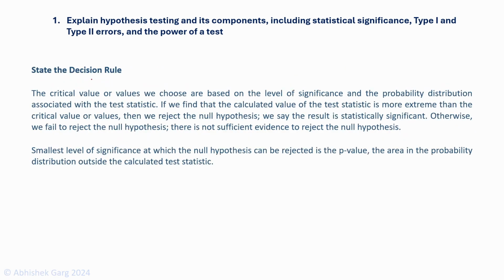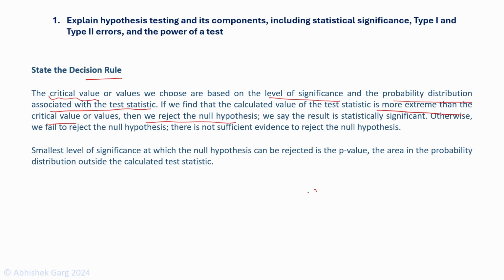Now let's see how to state the decision rule. The decision rule is stated in terms of critical values. The critical values are those which are based on the level of significance and the probability distribution associated with the test stat. If we find the calculated value of the test stat is more extreme than the critical value, then we reject the null hypothesis.